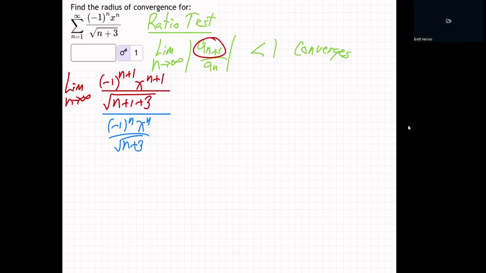In fact, why don't I just make this a big clear fraction bar? So there we go. We've got a sub n plus 1 over a sub n.